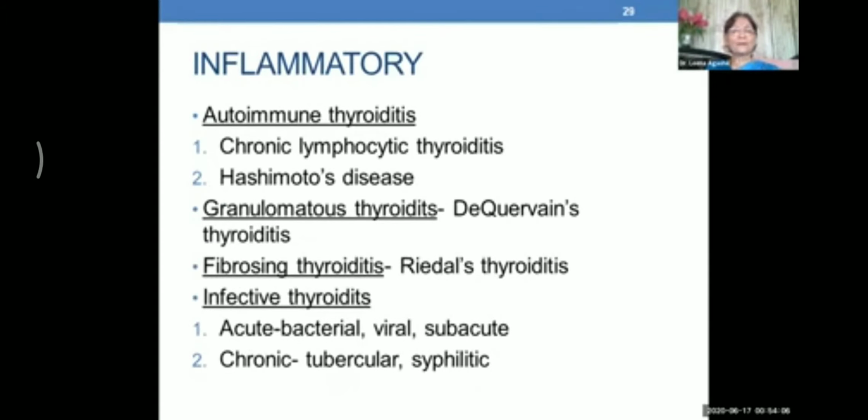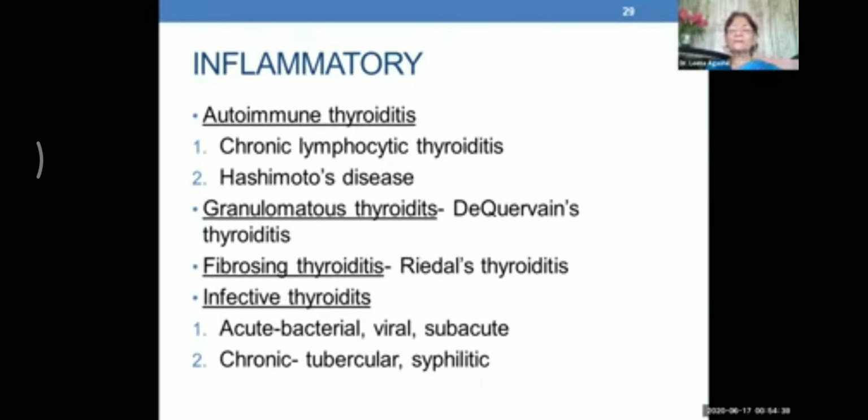Next group of swellings are inflammatory swellings. We classify these inflammatory swellings according to this: autoimmune thyroiditis. One is chronic lymphocytic thyroiditis. Second is Hashimoto's disease. Second is granulomatous thyroiditis, and the example is de Quervain's thyroiditis. Next is fibrosing thyroiditis, and the example is Riedel's thyroiditis.